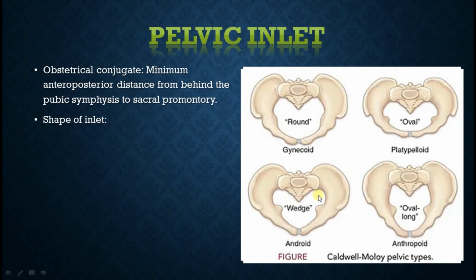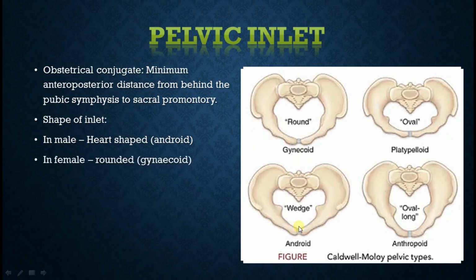The heart shape is mainly because of the sharper anterior border of the sacral promontory in males. Posteriorly it is wide and anteriorly it is narrow. That is why it assumes a heart shape in males, called the android pelvis.